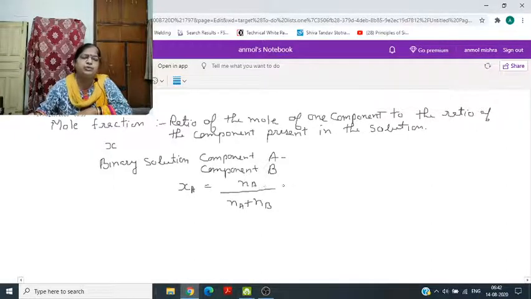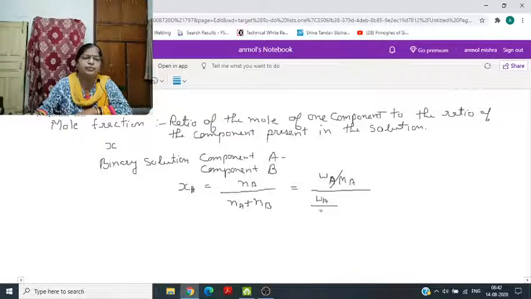Na is the moles of component A and Nb is the moles of component B. Now mole, we know, is weight upon molecular weight. So XA is WA by MA divided by WA by MA plus WB by MB.